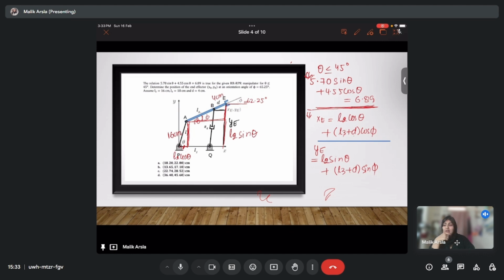Anybody got the value of theta? It's coming minus 38.58. I guess you're making some mistake, because it should not be minus 38.